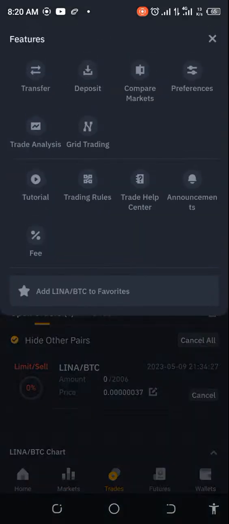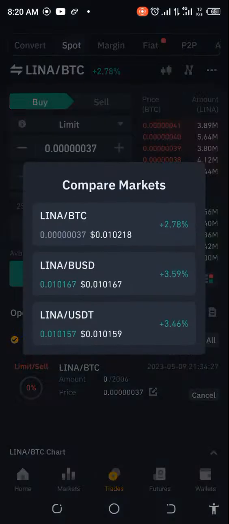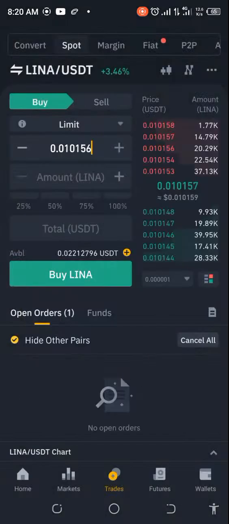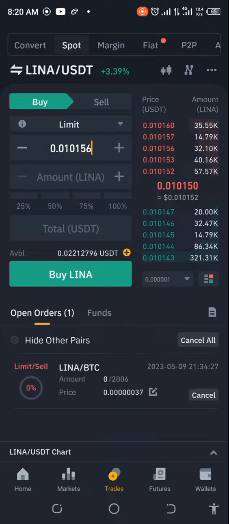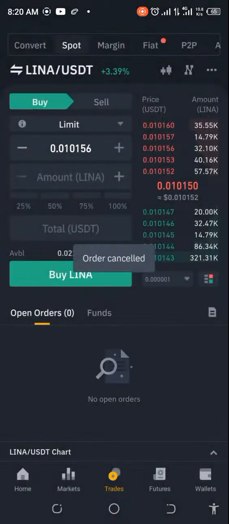All right, so what am I going to do? Let me go and check what's happening to Lena USDT. Has it gone up? It looks like it's gone up. Let's go ahead and get this sold back, right? So let's do this. Let me cancel this, okay? I'm just going to cancel this. Let's go ahead and cancel, and then let's check what we can make, all right?